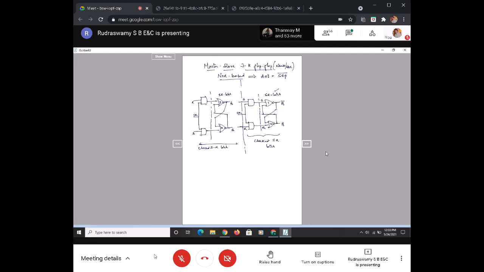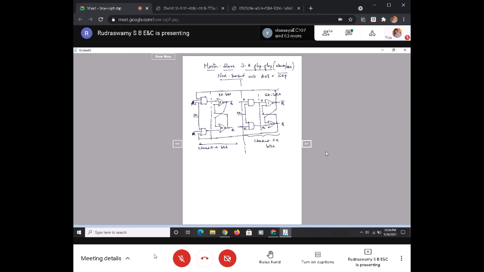Now, how to convert this clocked SR latch? Sorry, this is S. This is R. How to convert? What we are doing is we try to ensure that this Q bar, the moment I give this, instead of S, it becomes J. Then Q I am giving as one of the inputs for this NAND.